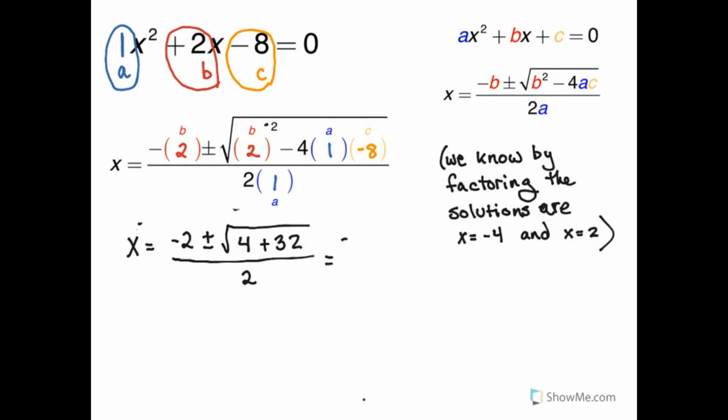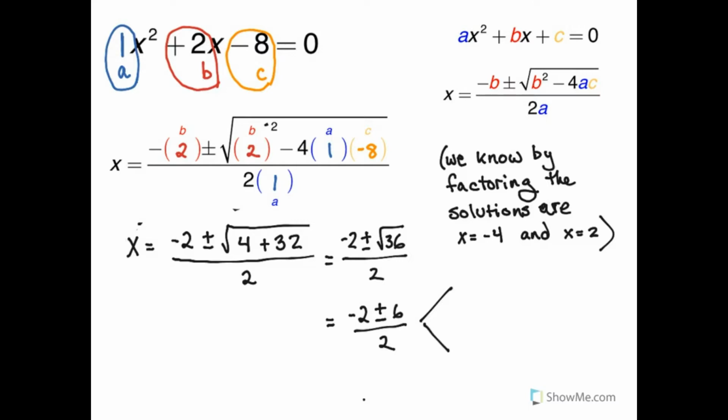4 plus 32 is 36, so I have negative 2 plus or minus the square root of 36 over 2, and 36 is a perfect square. That's going to happen when the equation is factorable. So my two solutions are negative 2 plus or minus 6 divided by 2.